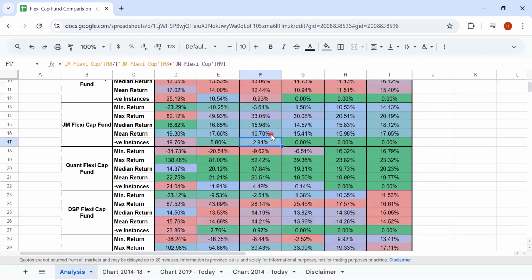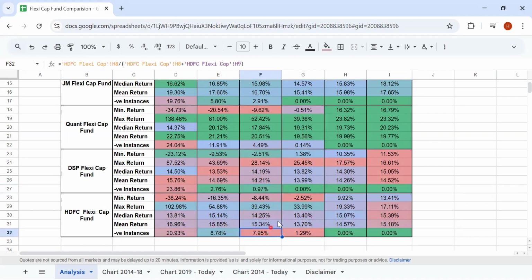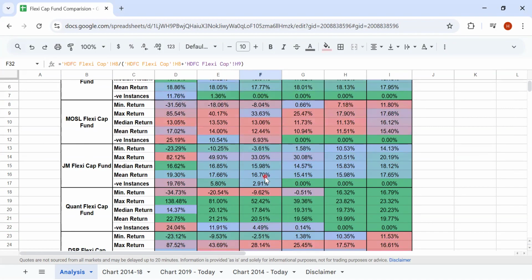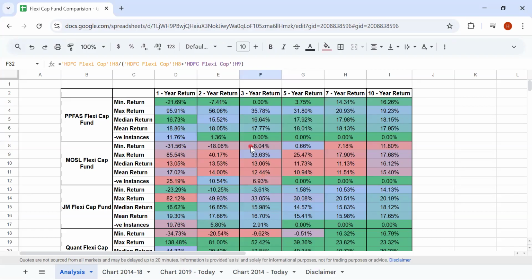For JM FlexiCap, around 3%. For Quant, close to 4.5%. For DSP FlexiCap, around 1%. And for HDFC FlexiCap, around 8%. So again, the median returns, the minimum returns, and the negative instances.